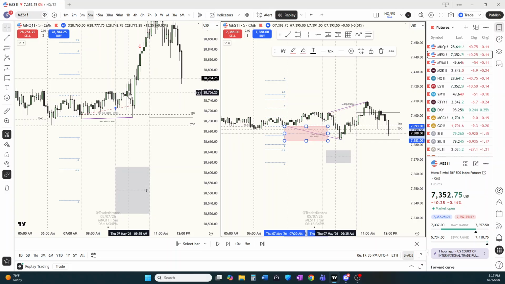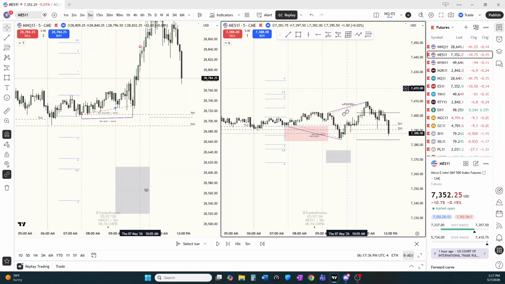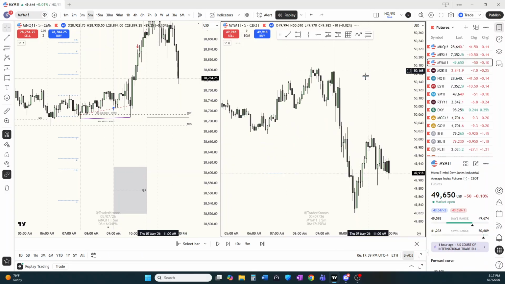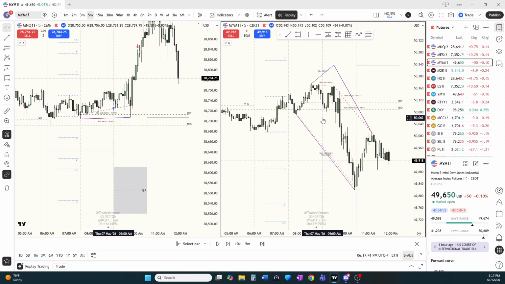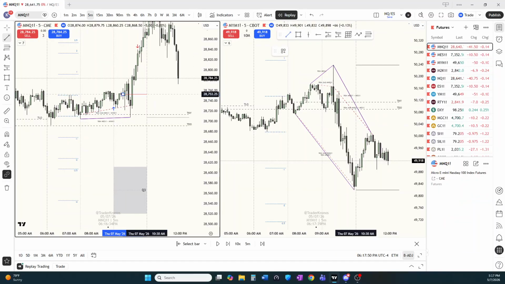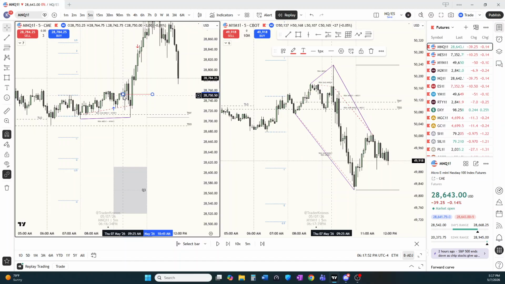So let's see, it's actually YM that did it first. Here, 935. So once we have a closure above this candle, then I can trade away. Put in a gap even. So good confluence here.